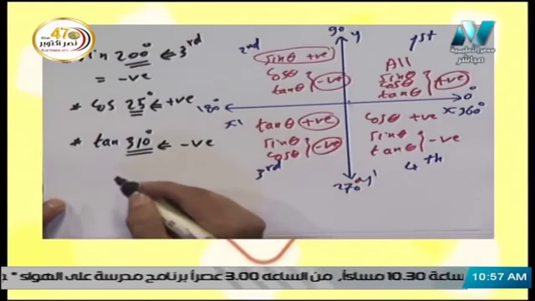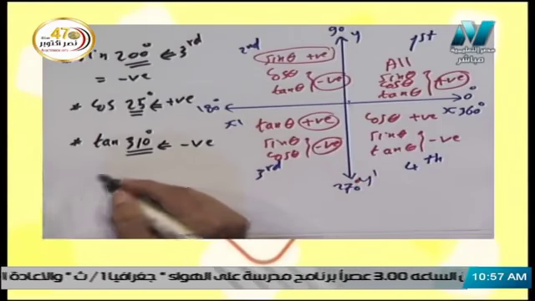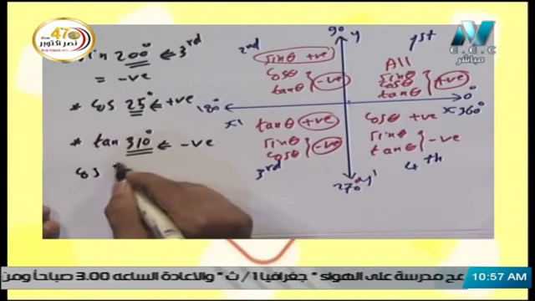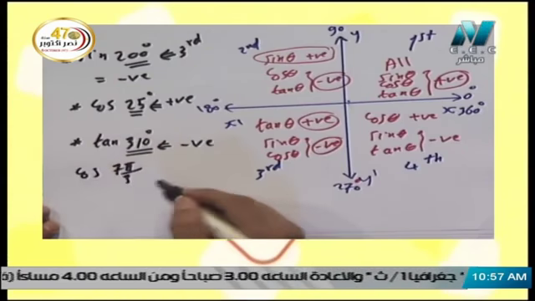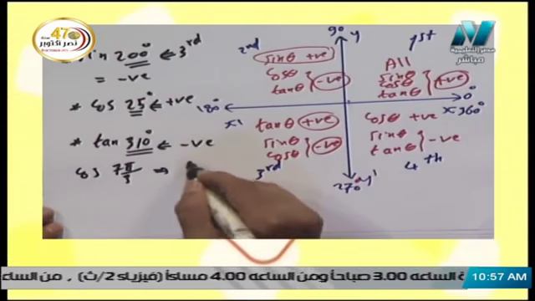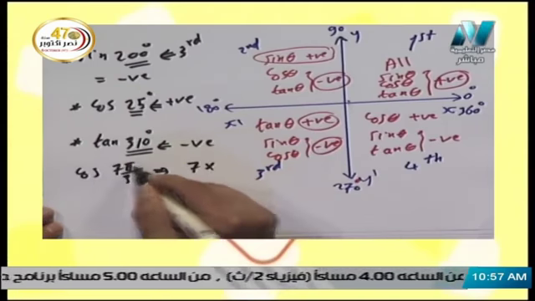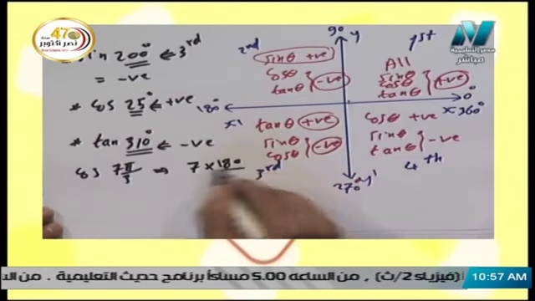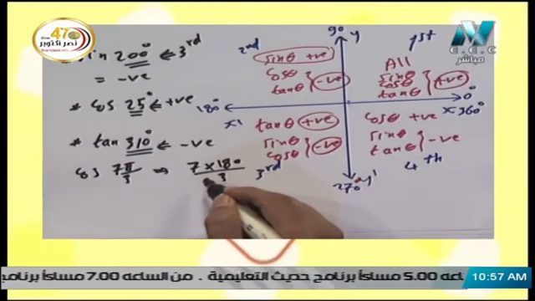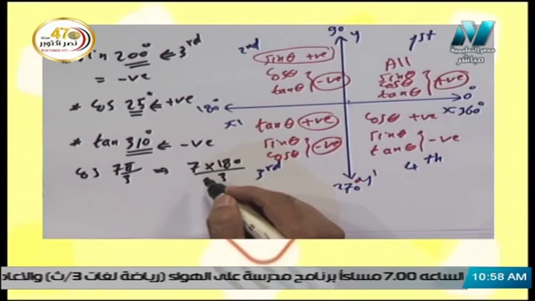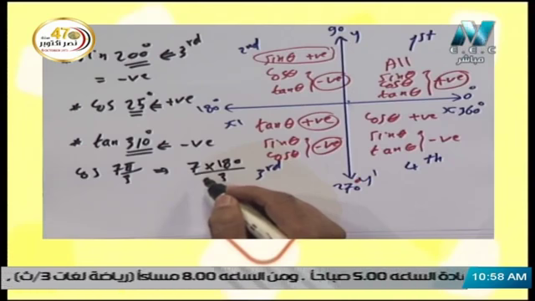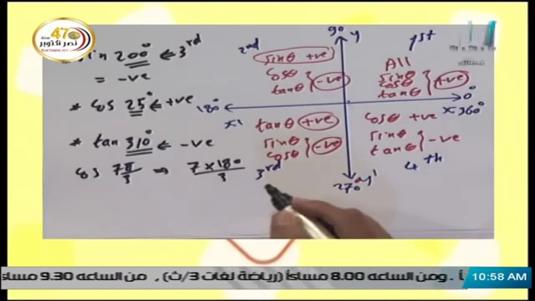Someone asked about cosine 7 pi over 3. We know that 7 multiplied by pi, which is 180, over 3, gives 420.